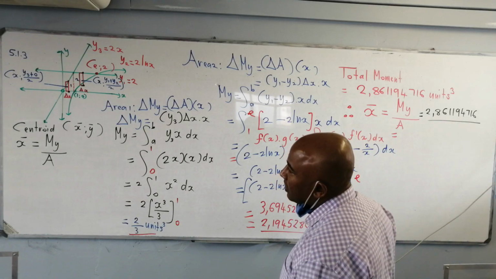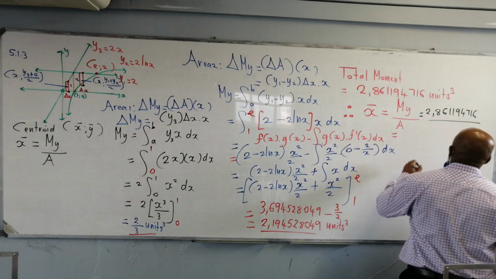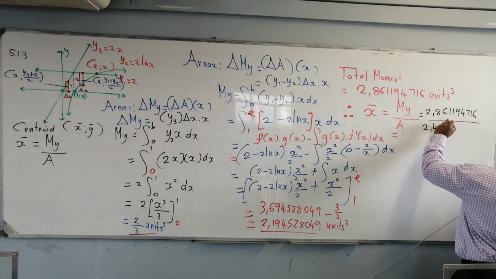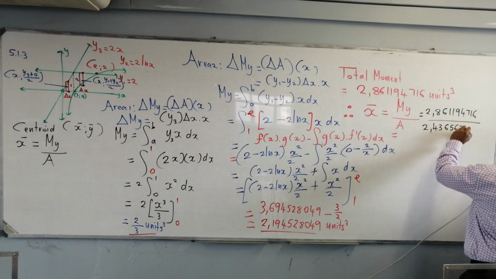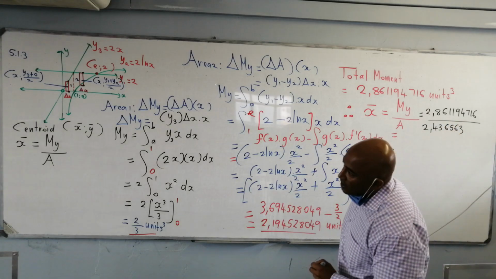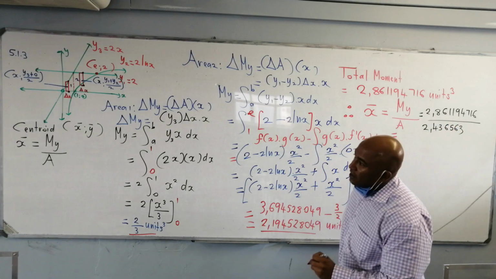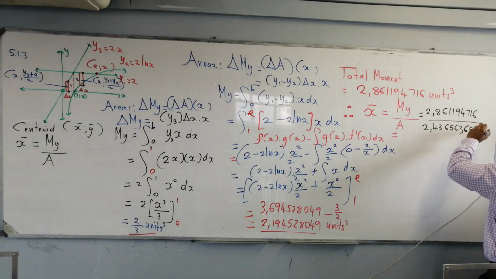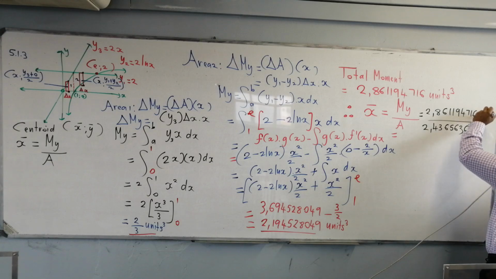It was 2,436,563,657. Right, so that is units to the power 3.